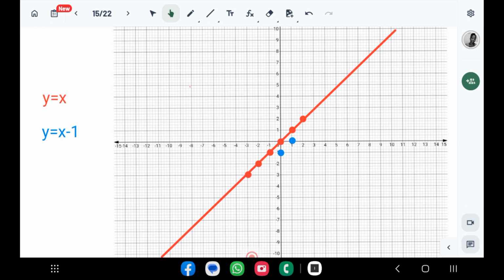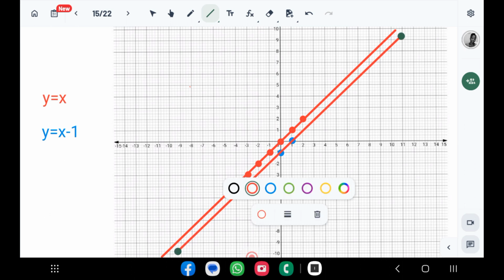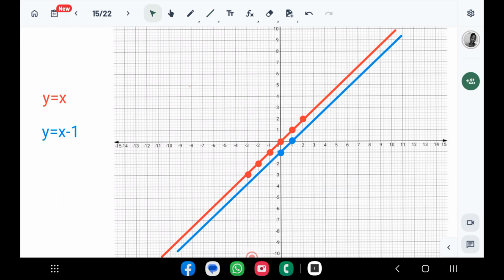So you join the two. Let's make it blue because it's supposed to be blue. That's how you draw that one.